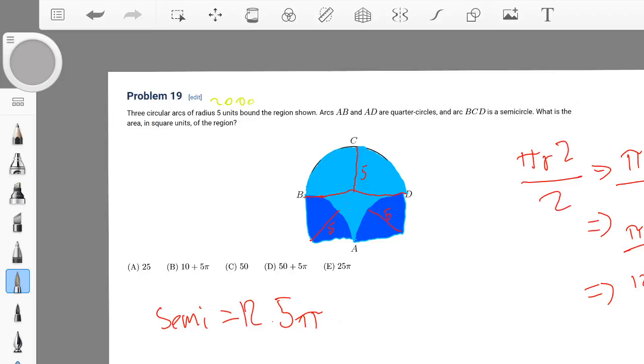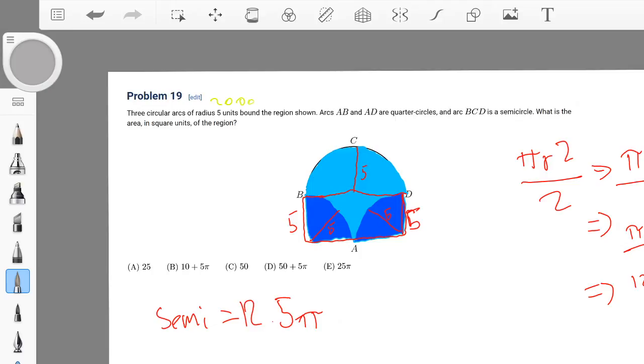Alright, now let's find the area of this odd shape. Let's make this simple for us and turn this thing into a rectangle. We know that this right here is going to be 5 because the radius is 5, and this is also a radius, so that's 5 right there. This is also 5, for obvious reasons. It's a rectangle, you guys.